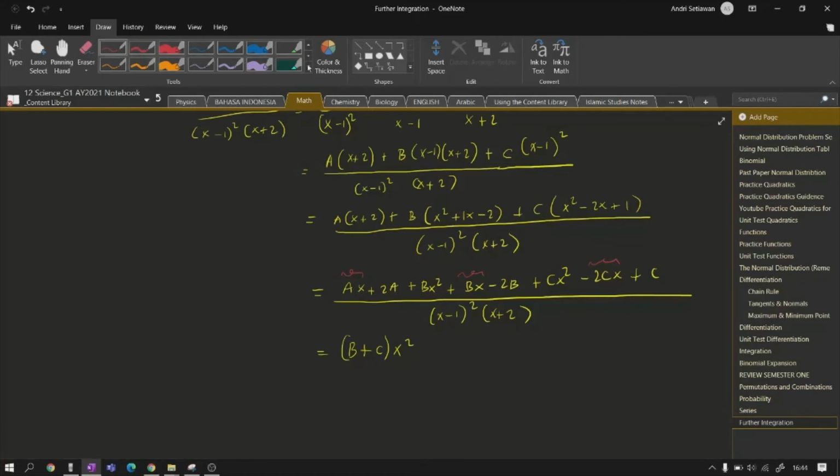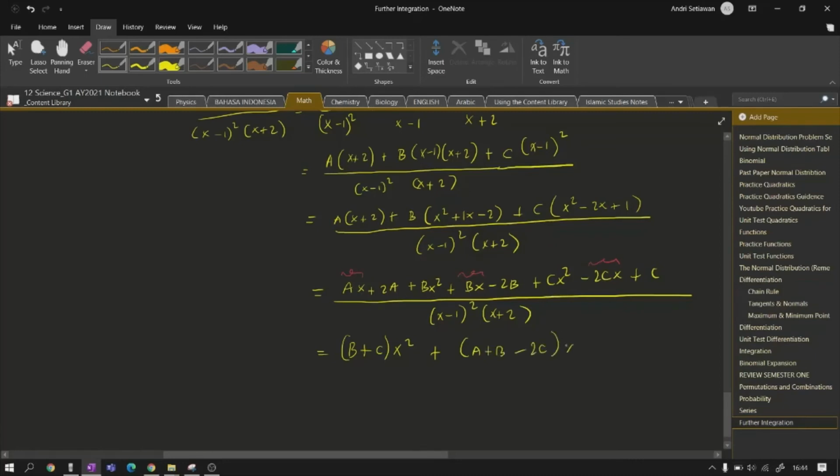We can combine it to be plus a, this is positive a, and plus b, and this is minus 2c, all of these variables followed by x.